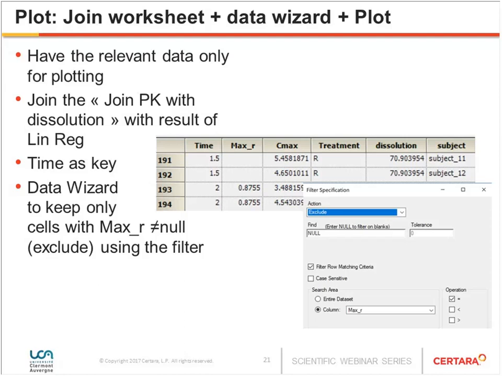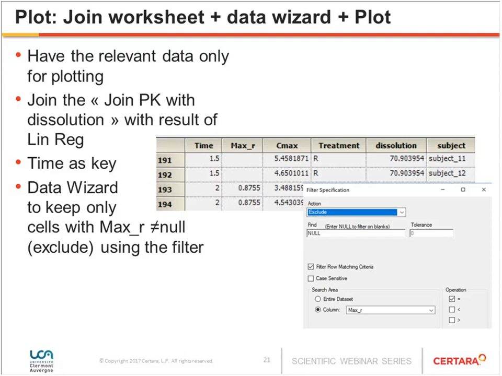Then you can use the data wizard on both results. If you use the data wizard on both results, you are going to use a filter specification, and you are going to exclude the value of maximum R equal to blank or null. You can see it on the right part of this slide, bottom: exclude null in column max R equal, and not below or greater, but just equal.